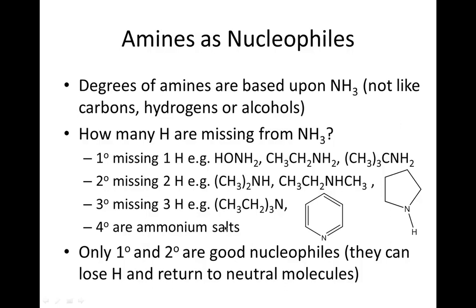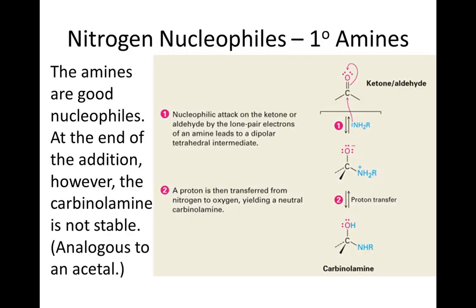And of course, quaternary ammonium salts don't have a free unshared pair of electrons, so those aren't good nucleophiles either. So we're going to talk first about primary amines as nucleophiles, and then we'll talk about secondary amines. There are some differences in how they come out when we talk about their behavior with aldehydes and ketones.